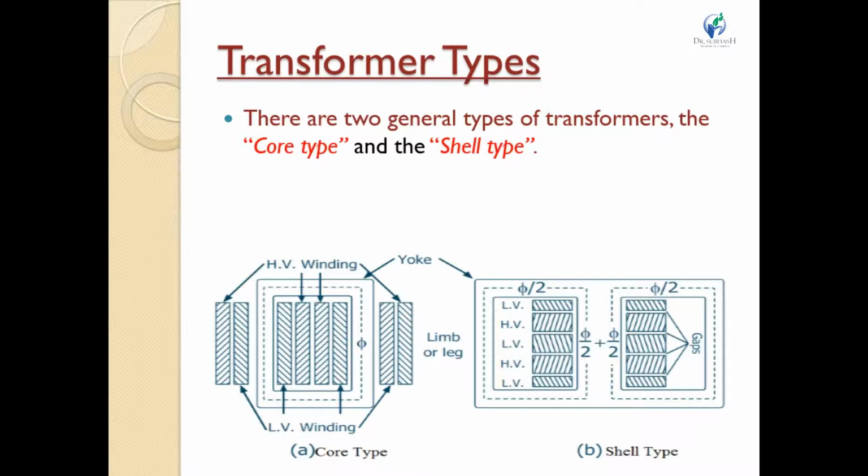The low voltage winding is wound on the inside near the core, whereas the high voltage winding is wound on the LV side winding away from the core, in order to reduce the amount of insulating material required, and also insulation of the low voltage winding is easy.